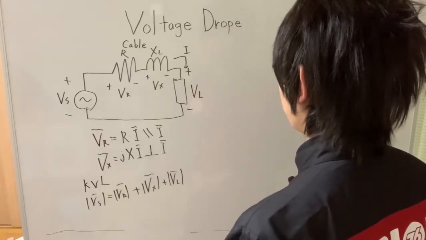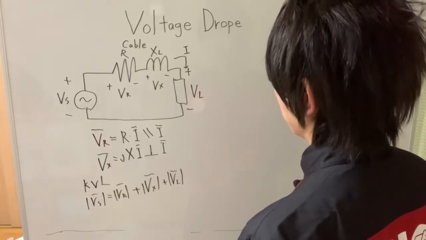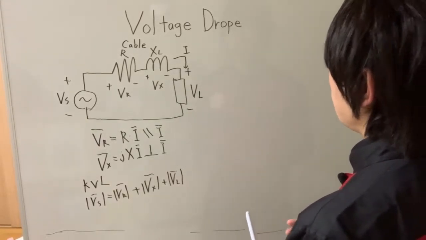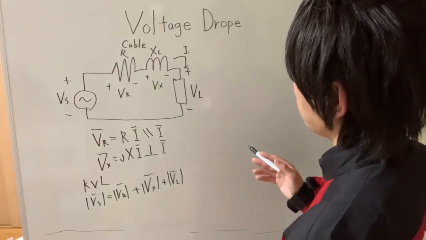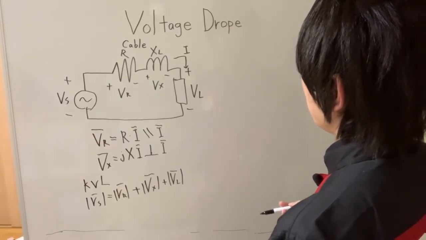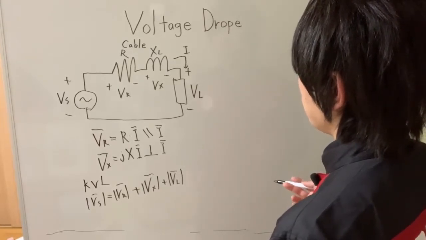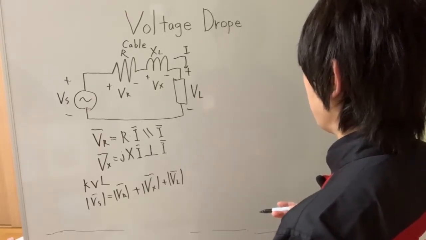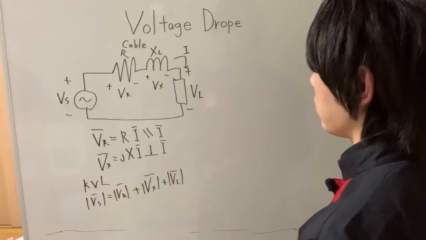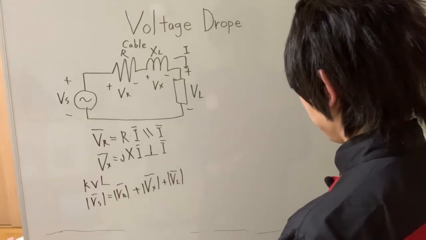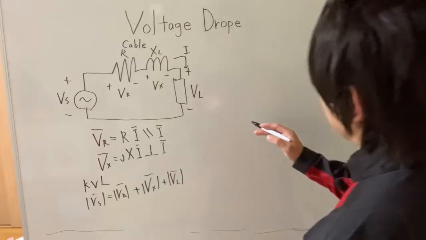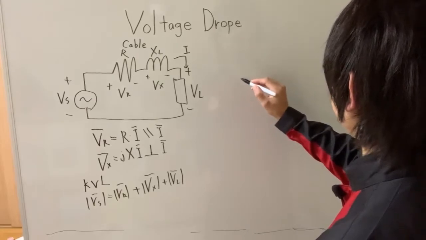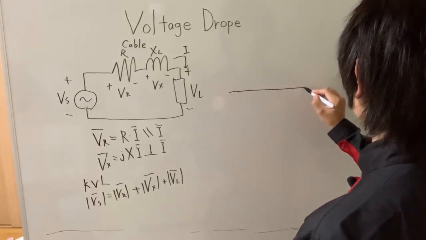But this is the absolute value, and it's not enough, so we need to think about it as a phasor problem. As we usually do in a phasor problem, we need to select the reference, 0 degrees phase, and that is arbitrary if we are not given any phasor. In this case, I will choose VL as my reference phasor, like so.